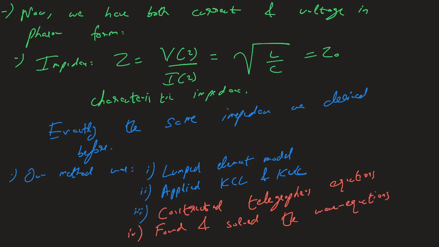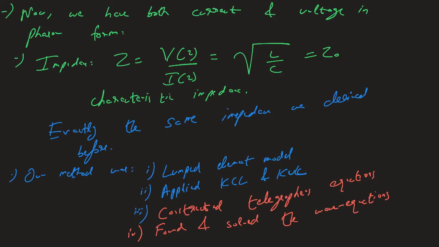Once we've done this exercise, we know what the voltage is, and we know what the corresponding current is, and we know what the impedance is. Why is the characteristic impedance important? Well, because it doesn't matter how long this transmission line is, as long as the inductance per unit length is L, as long as the capacitance per unit length is C. This is the impedance looking into this transmission line.